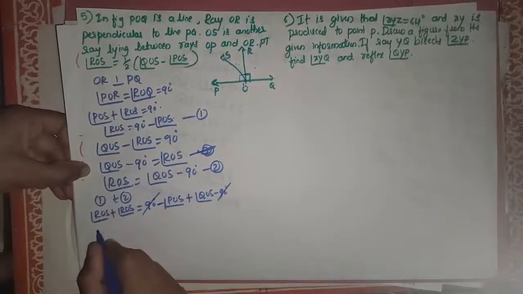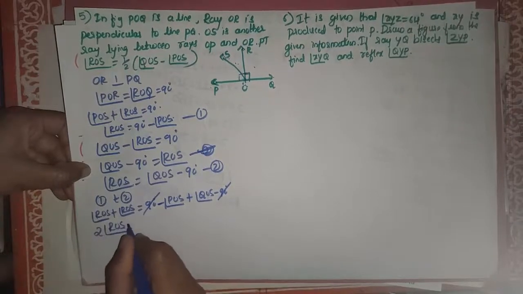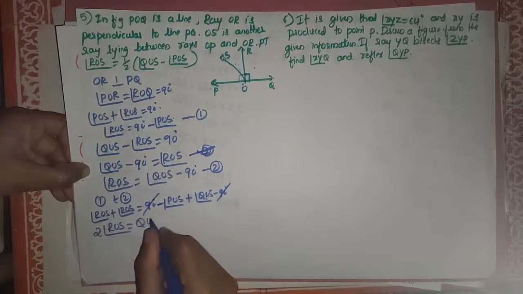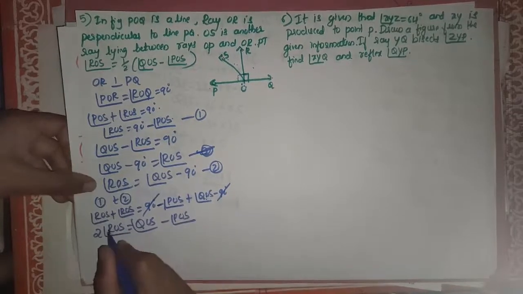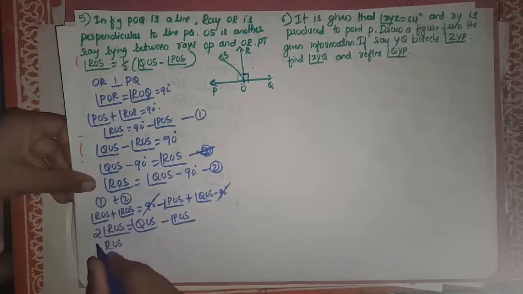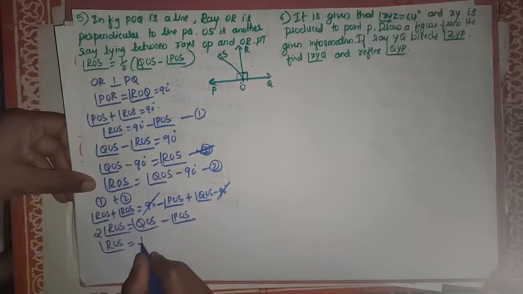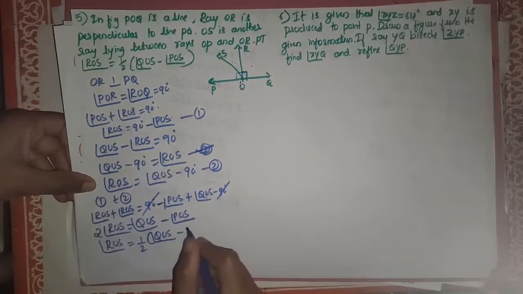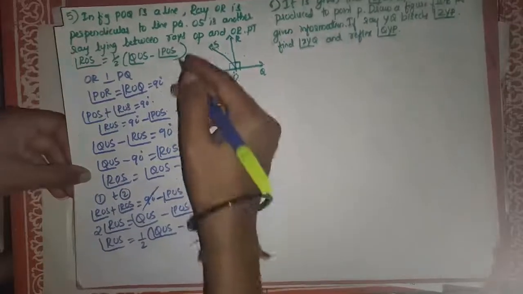Then ROS plus ROS, 2 ROS equals to QOS minus POS, because this is positive. ROS equals to, the 2 becomes divided by 2, that is 1 by 2 times QOS minus POS. So hence this is the proof.